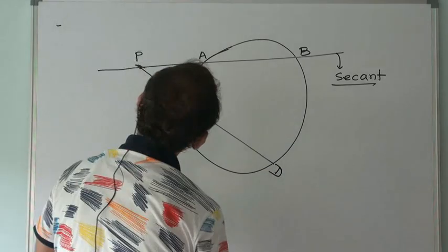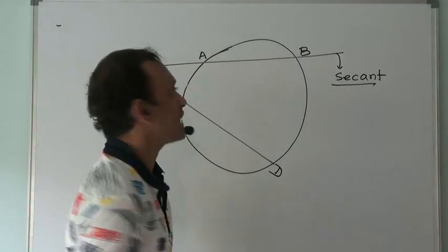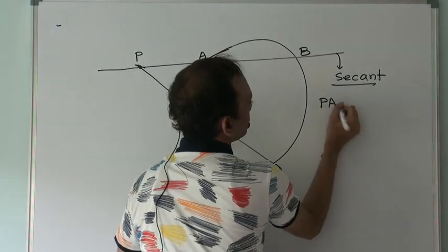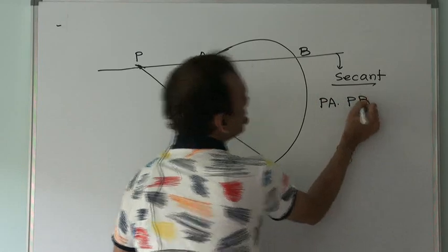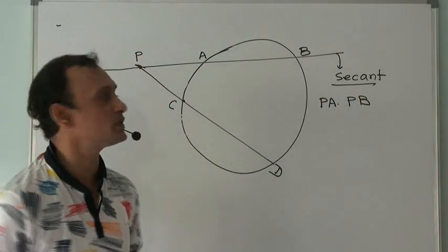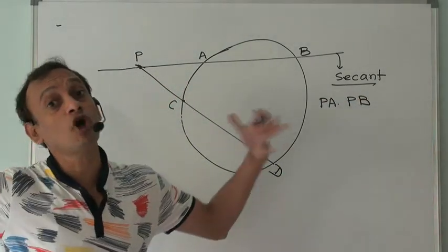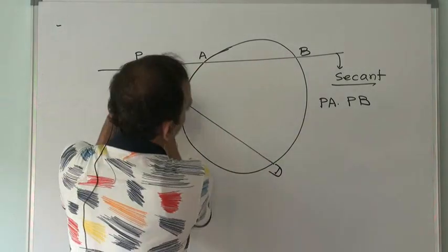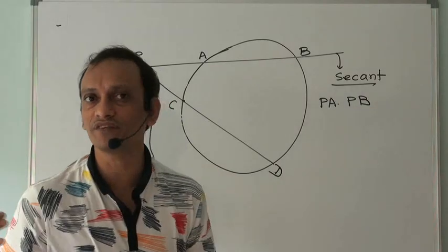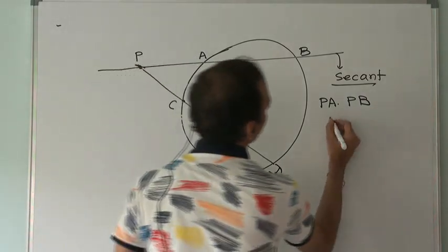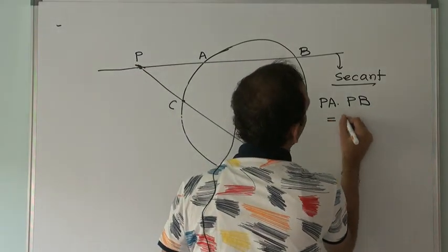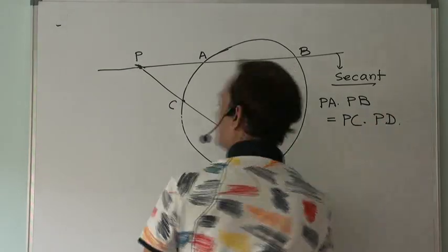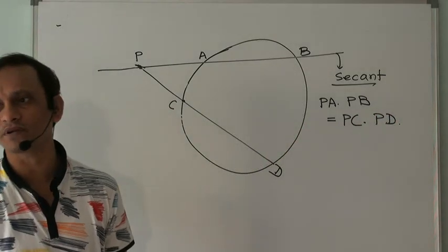Now, the property that we will establish is the following. PA into PB, where A and B are points of intersection of the secant with the circle, will be the same for all secants. That means whether I take PA into PB or I take PC into PD, it's going to have the same value. That means PA into PB will essentially be the same as PC into PD. That's the property that we are looking at.